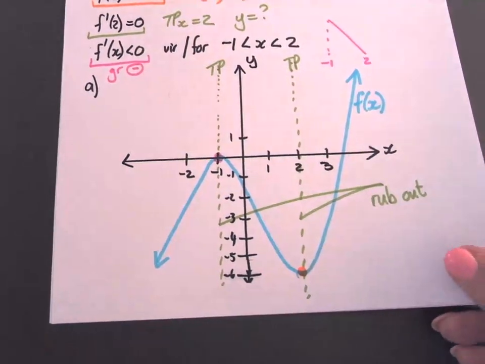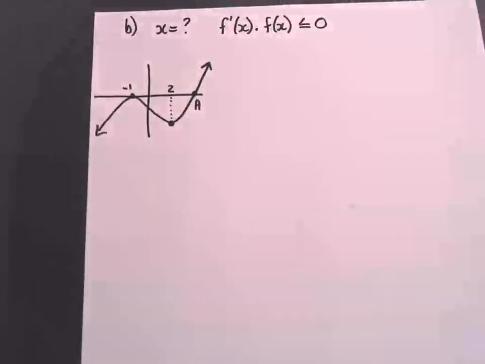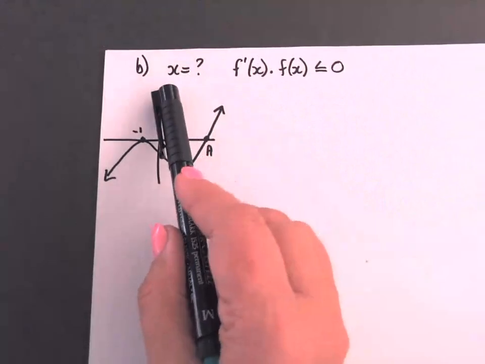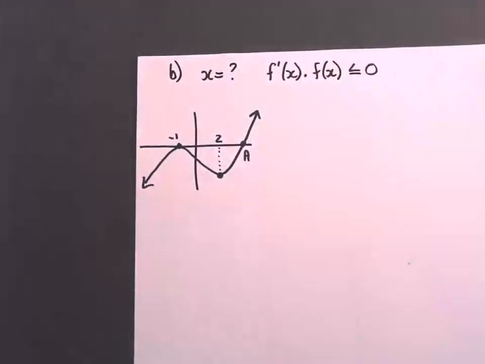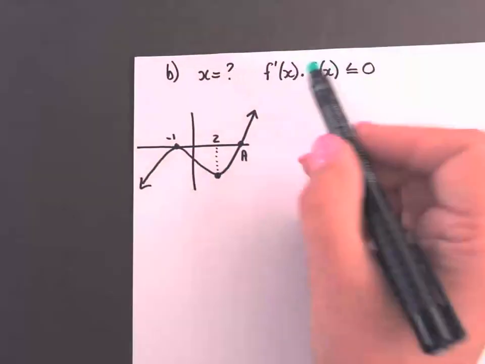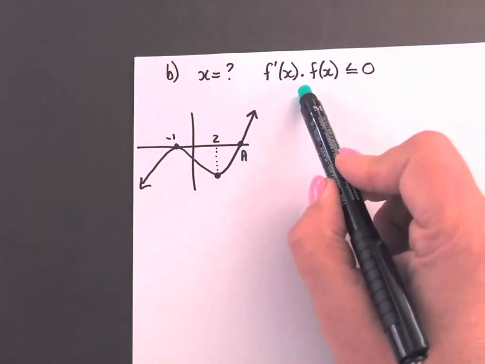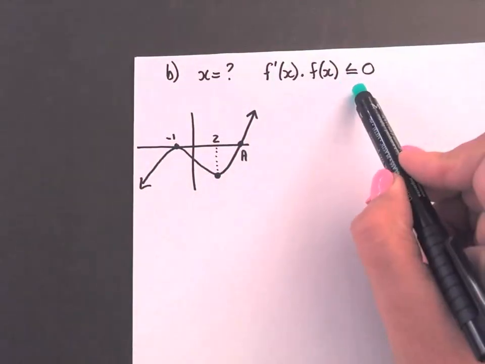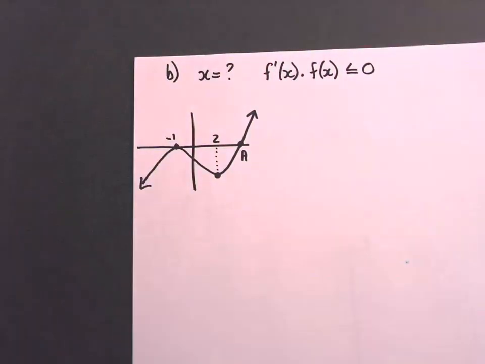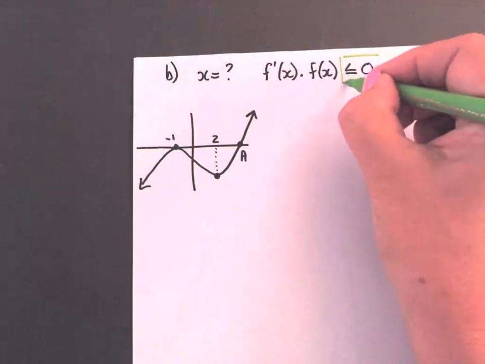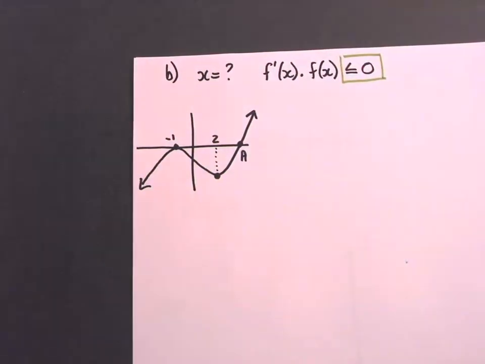Our next question, let's hope we can finish this one, is they ask you which x values are used when you say the first derivative times f is smaller or equal to 0. Okay, let's start at the back. What does smaller or equal to 0 mean?